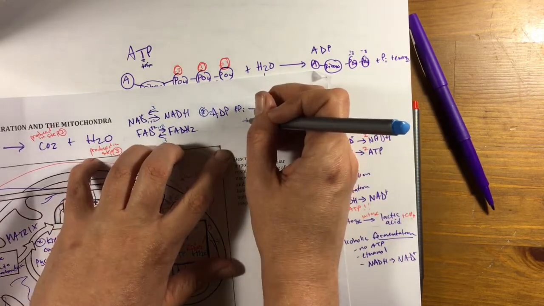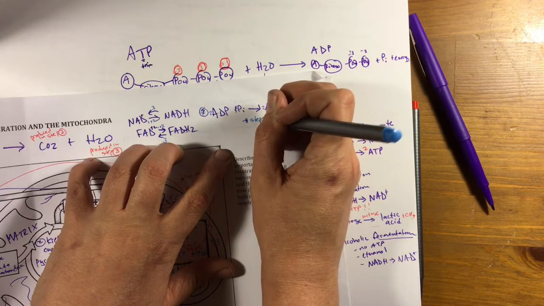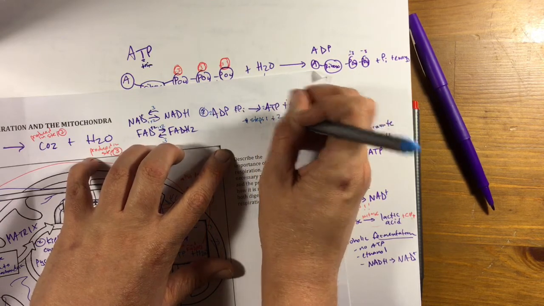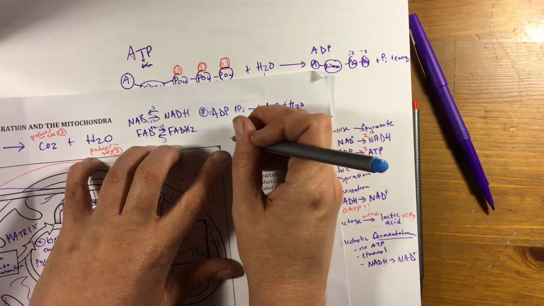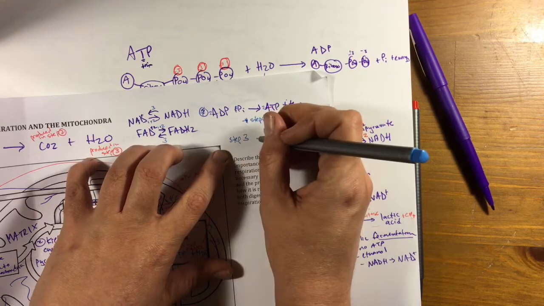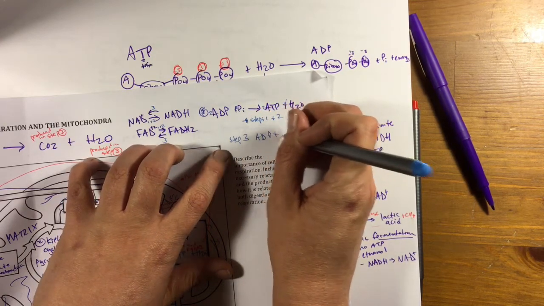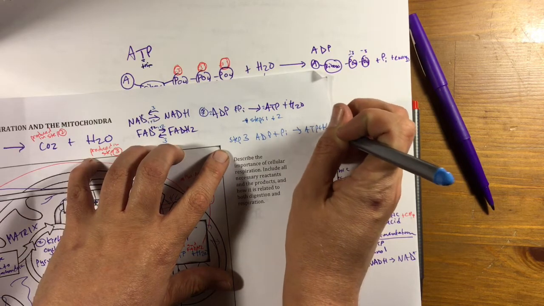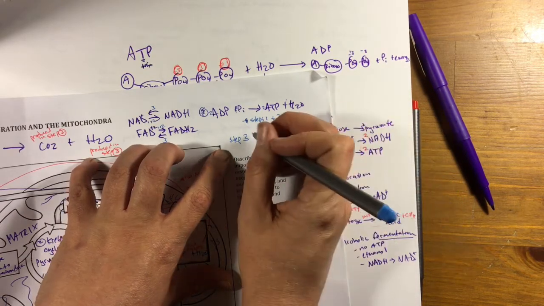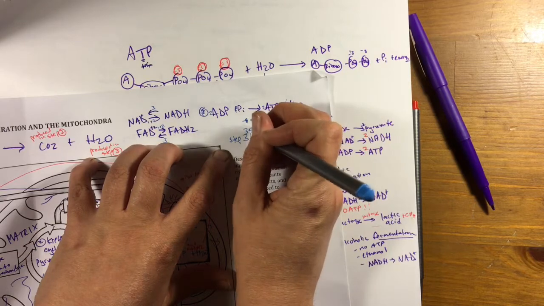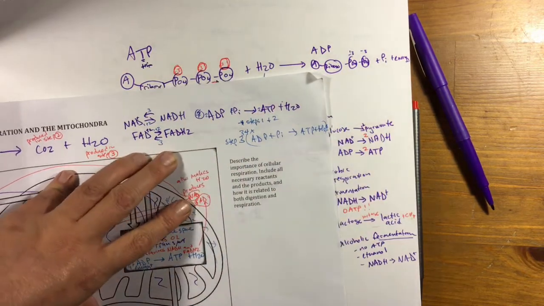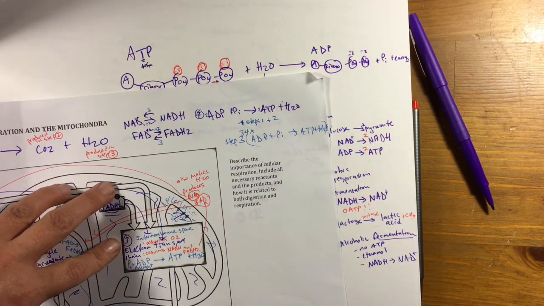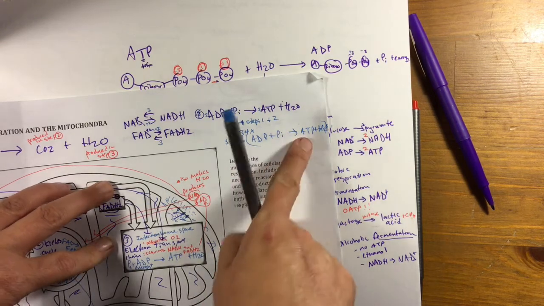So this happens in steps 1 and 2. And then in step 3 we have ADP plus Pi going to ATP plus water, happening 34 times. So it's that electron transport chain which is giving you most of those ATP molecules.